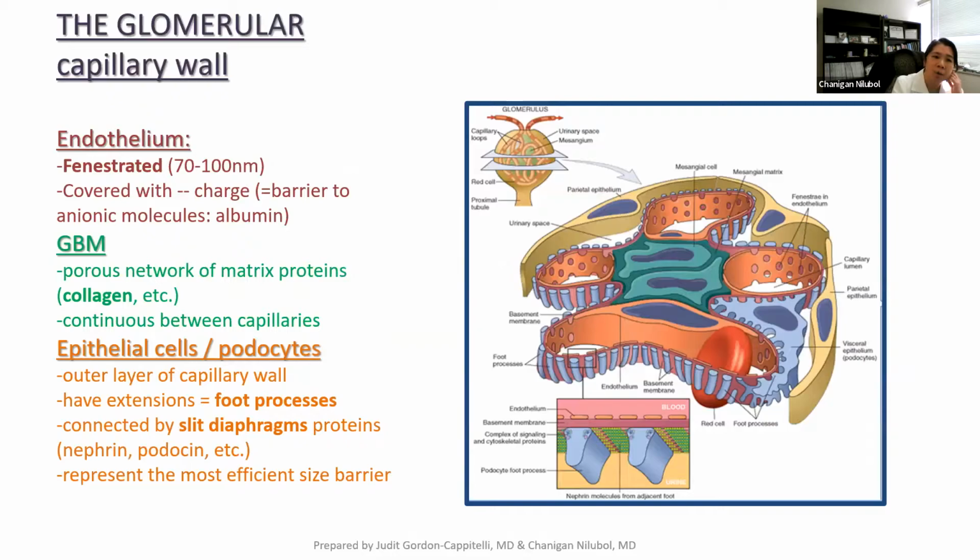Glomerular capillary walls, from the inside going out to the outside: you have the endothelium, which is fenestrated, so there are pores, there are holes. And normally it's covered with a negative charge. That's why albumin typically does not leak out, because negative charge repels negative charge, so it doesn't leak out into the urinary space.